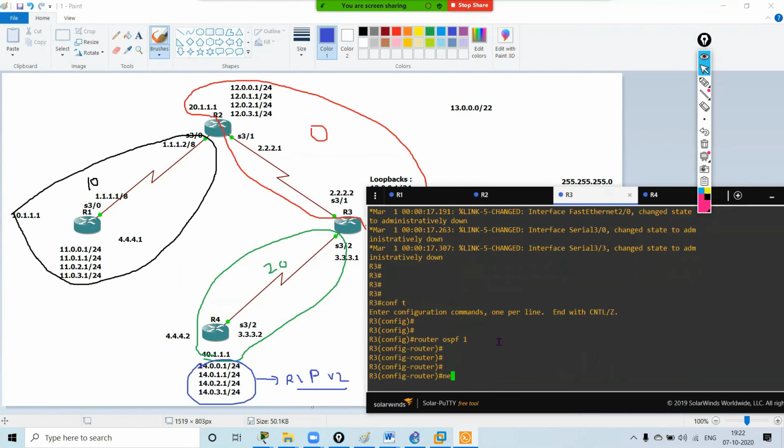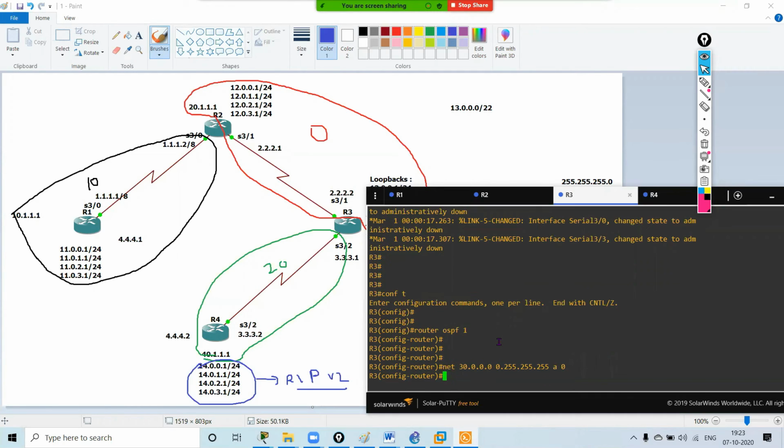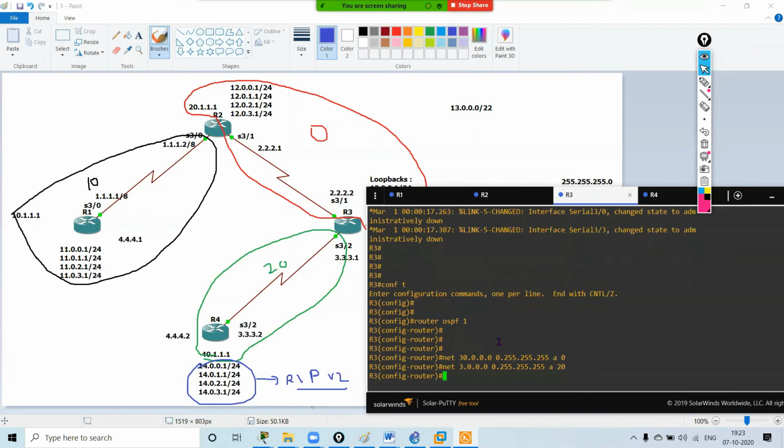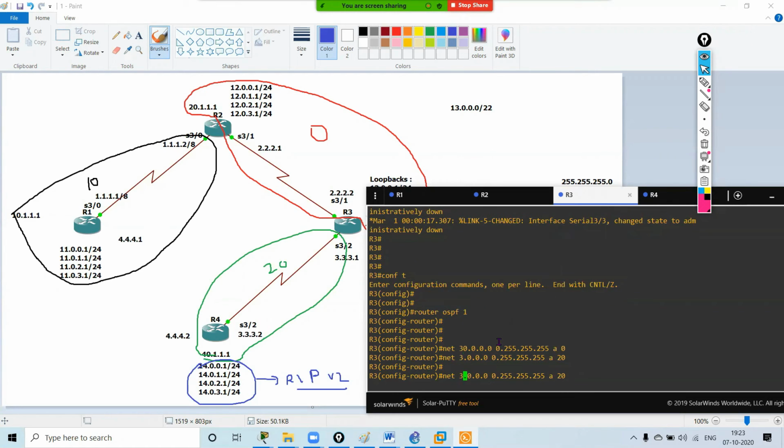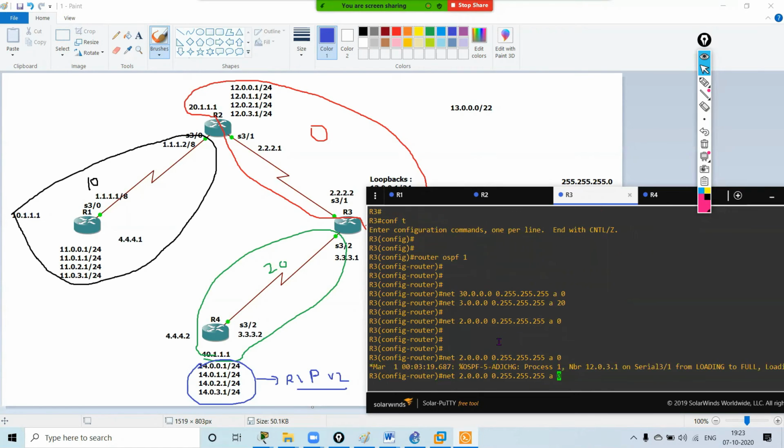Router OSPF 1, network 30.0.0.0. I can keep the 30 network in any area I want, so I'll keep it in area 0. Then I have the 3.0.0.0 network, which will be in area 20. Then the 2.0.0.0 network will be in area 0, and the 13.0.0.0 network will also be in area 0.